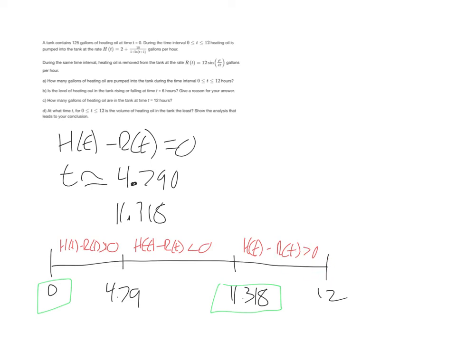So I just need to figure out how much oil do we have at 11.318? And we're going to do that the same way that we did part C. So we're going to say 125 plus the integral from 0 to 11.318 of h of t, and I'm going to smash it into one integral here, mostly because I'm running out of room, but also because we can, and we did it the other way the first time.